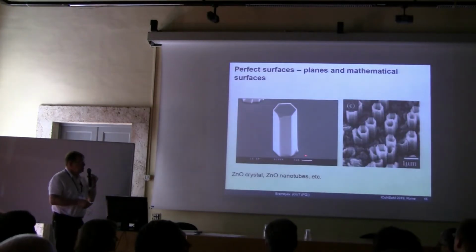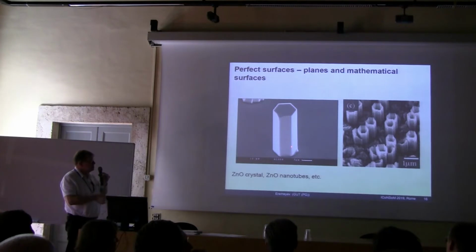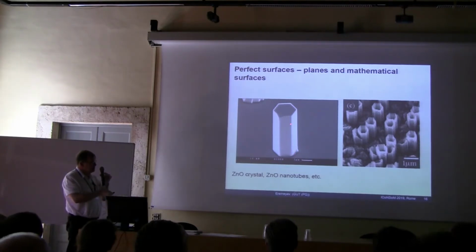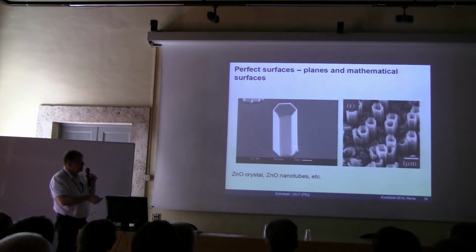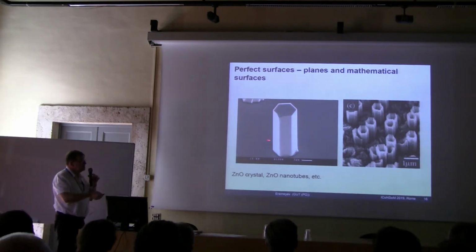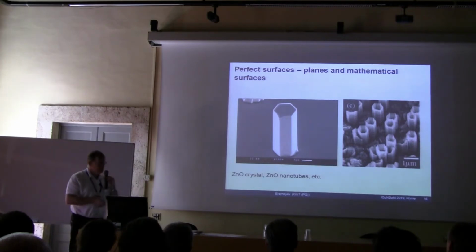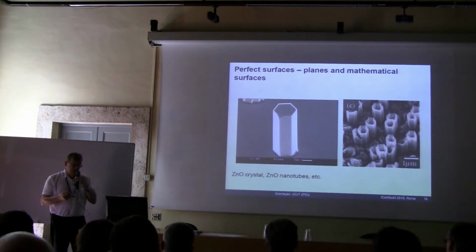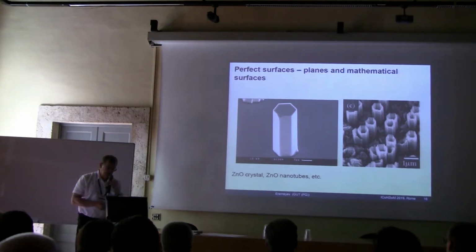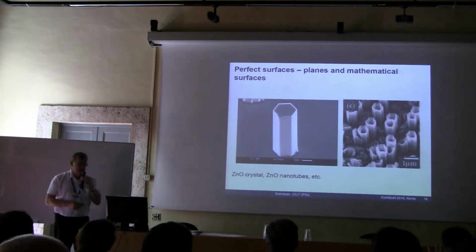What we have for perfect contacts is an example of a perfect material surface, which is a mathematical surface, just a plane. It is zinc oxide, because for these materials the property of this specimen is quite important, as it is a working agent in blue lasers and blue diodes.